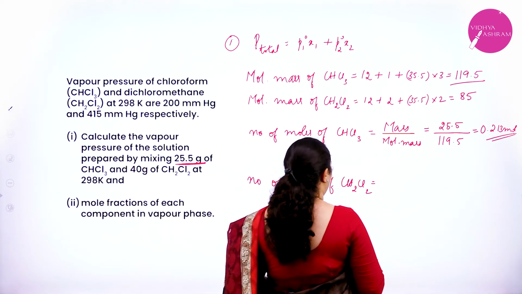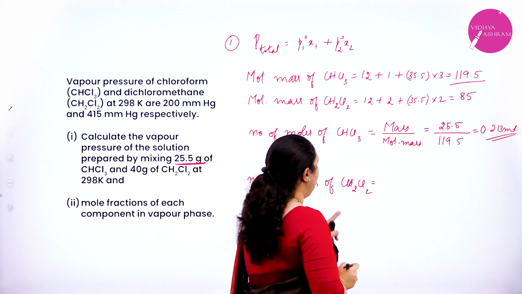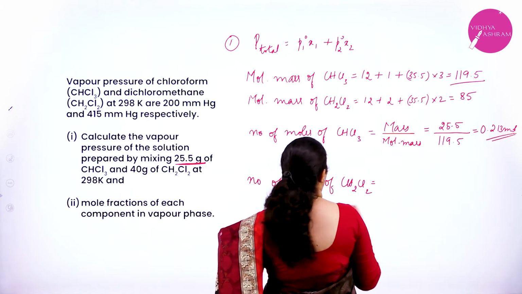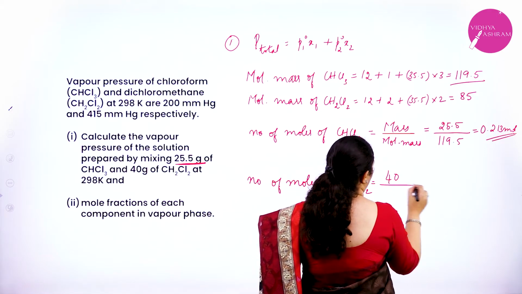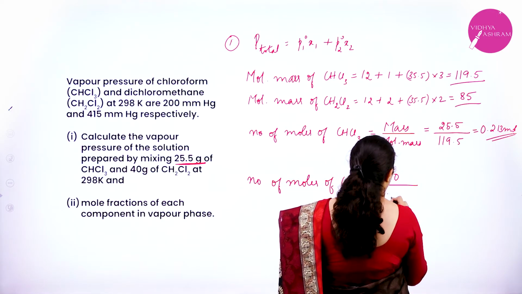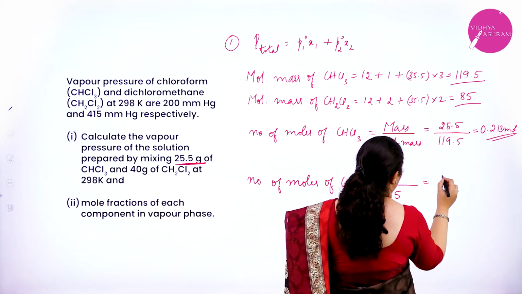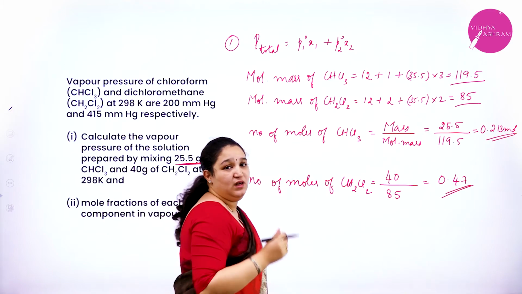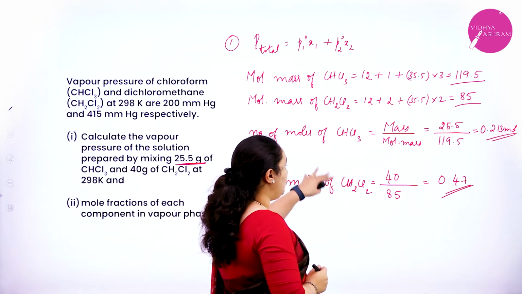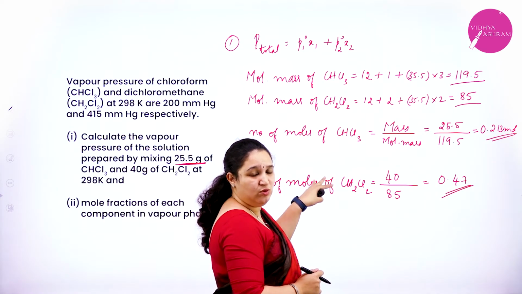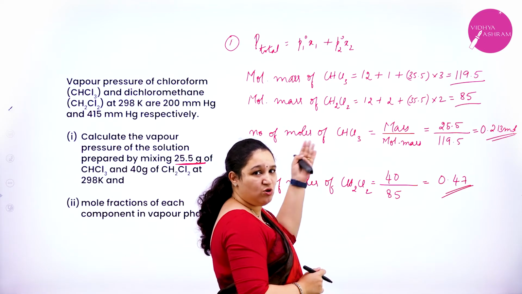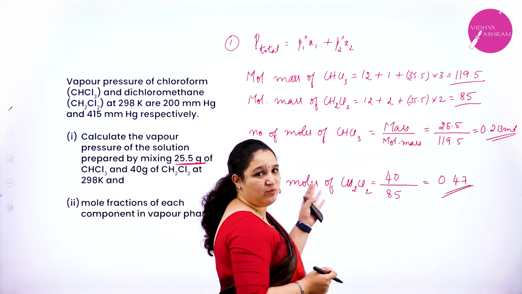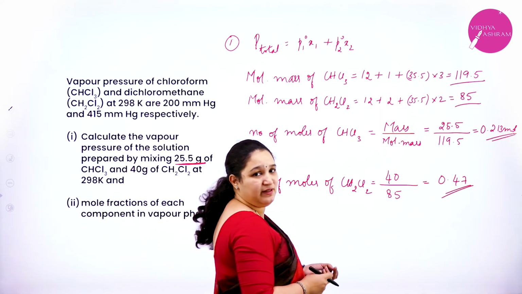For dichloromethane, mass by molecular mass: mass is 40 grams, so 40 divided by the molecular mass 85 is equal to 0.47. Now we have got the number of moles of the two components, chloroform and dichloromethane. Also you got the molecular mass. Of course, without that we cannot calculate the number of moles.